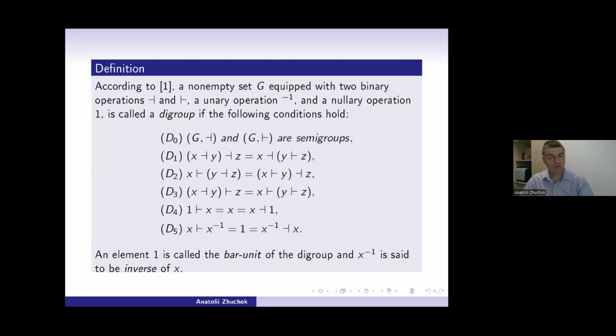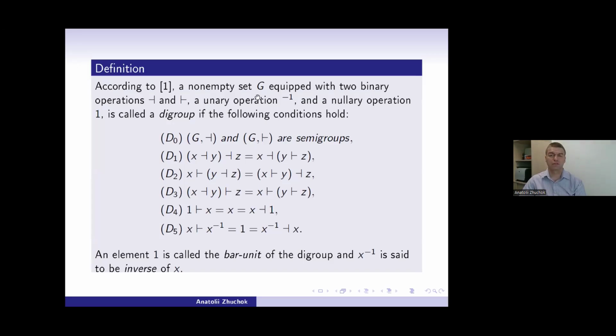Second definition of the group. This definition uses the universal algebra apparatus. So we use unary and nullary operations.